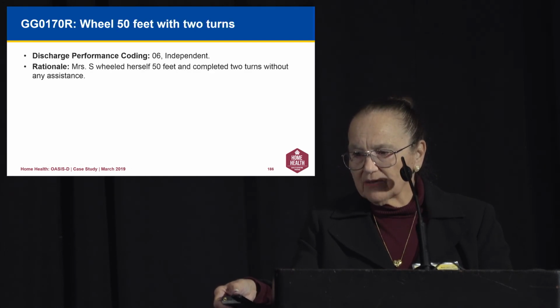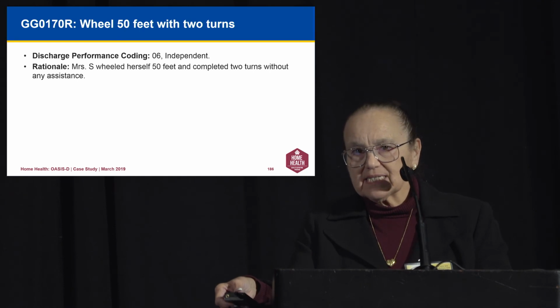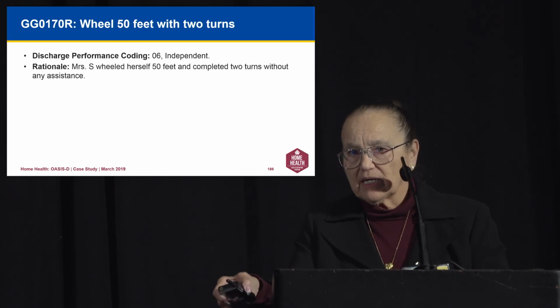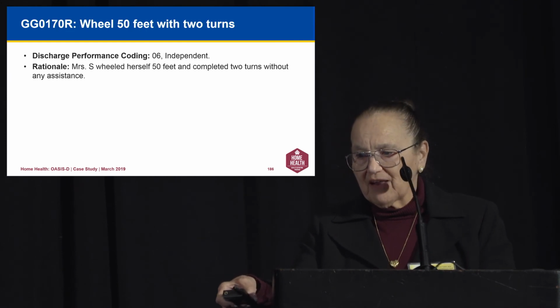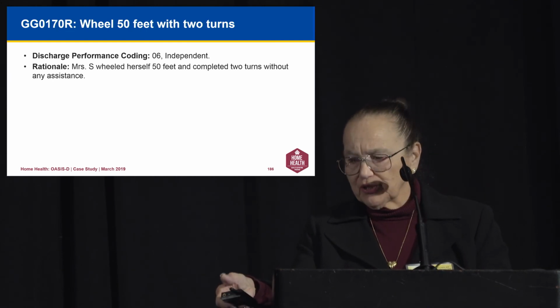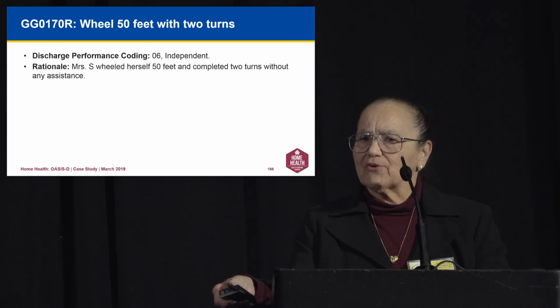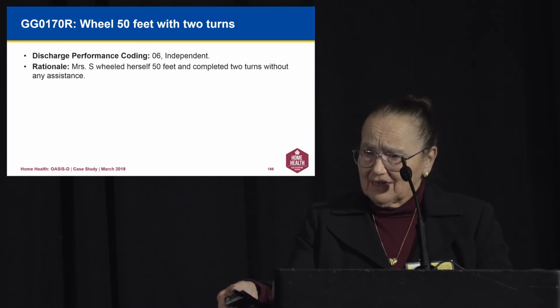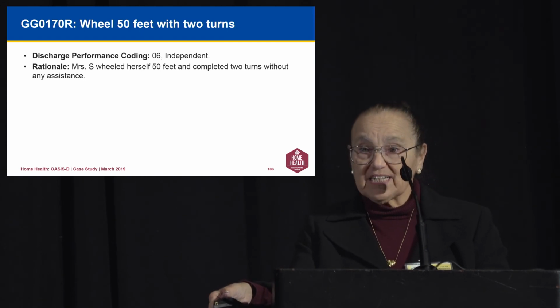And it says here that she's independent, 50 feet with 2 turns, and we know that she uses the manual wheelchair. So she's doing this without any assistance. She did not require her son to come and begin pushing her at any point during that 50 feet or in the 2 turns. That requires actually quite a bit of effort. If you've ever tried it, to sit in a wheelchair and physically push all of your own weight is quite something.